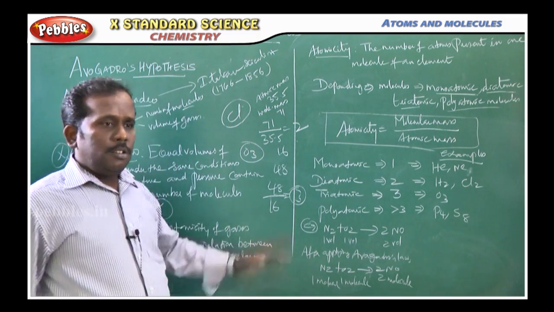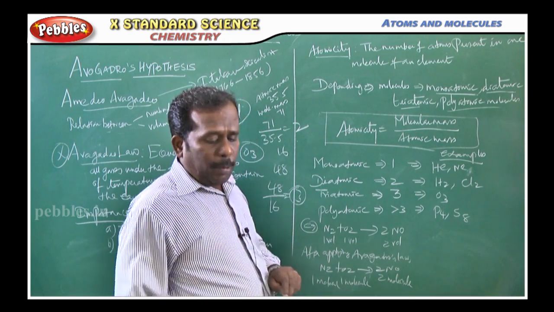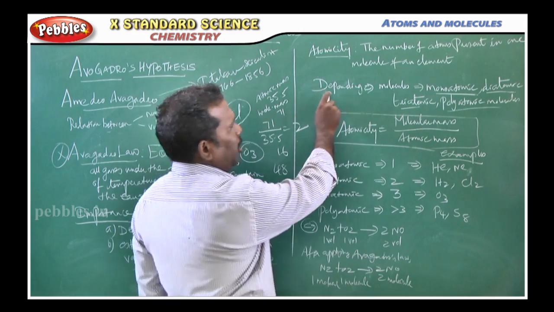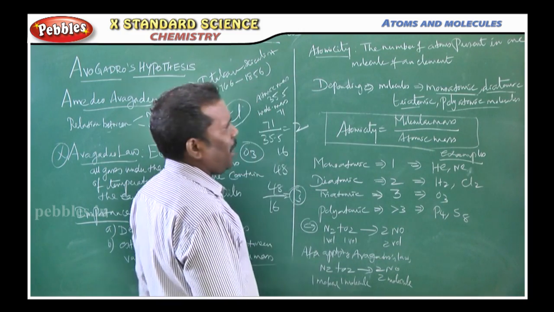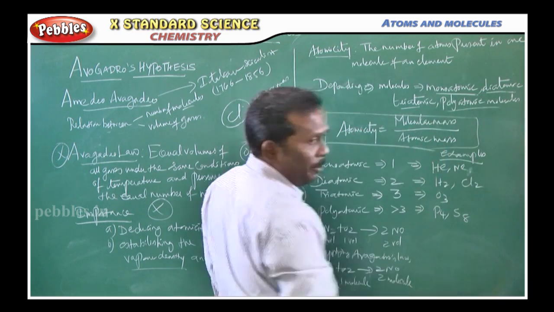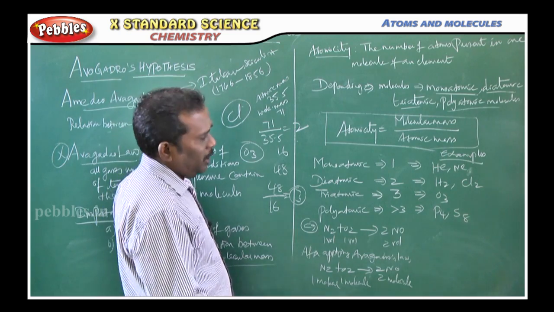Next, I am going to explain atomicity, the number of atoms per molecule, and examples. Depending on the number of atoms present in the molecule, molecules are monoatomic, diatomic, triatomic and polyatomic.